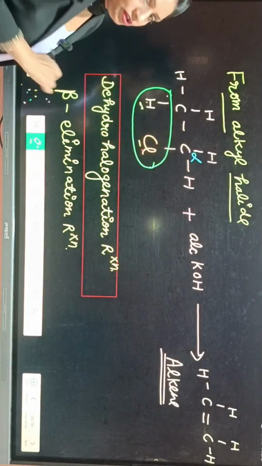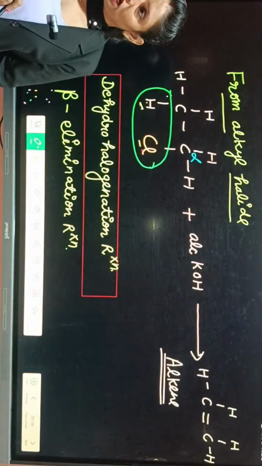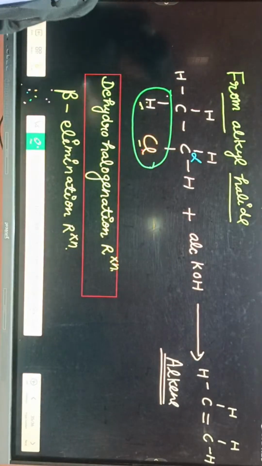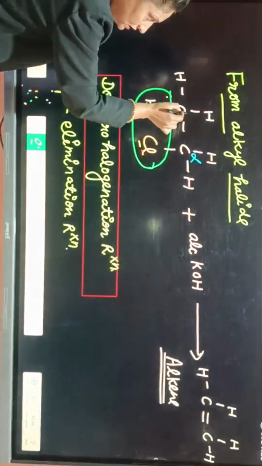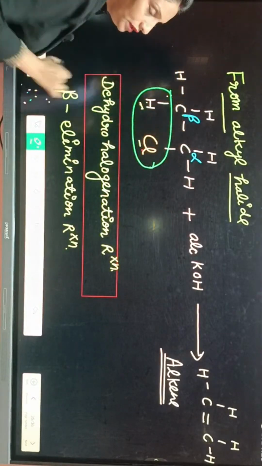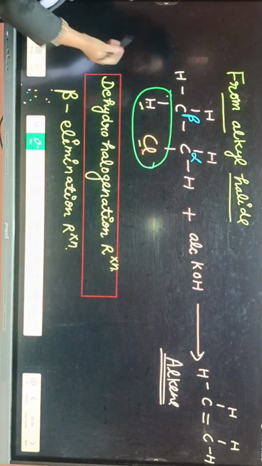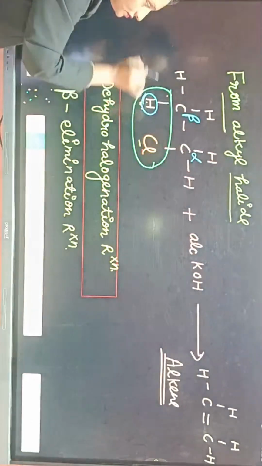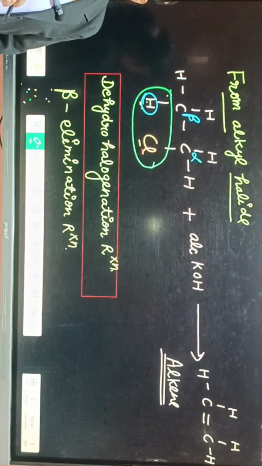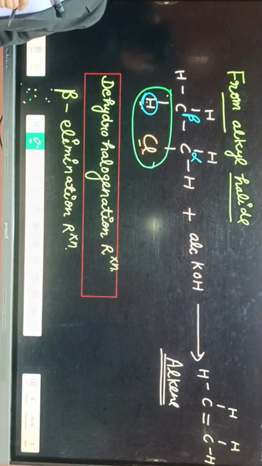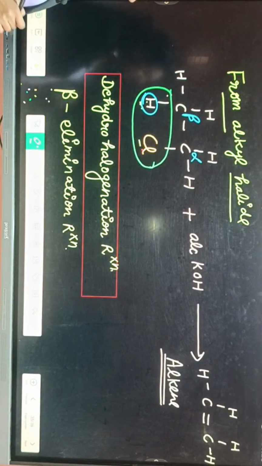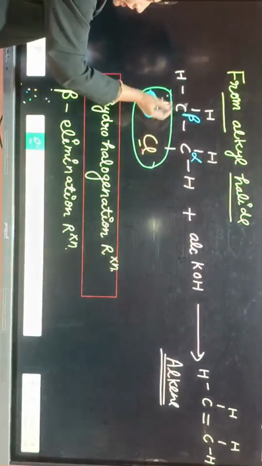That's why this carbon is known as alpha, and the adjacent carbon is known as beta. Clear or not? And in the first step, removal of H positive takes place. Clear or not? That's why removal of hydrogen takes place from the beta carbon.